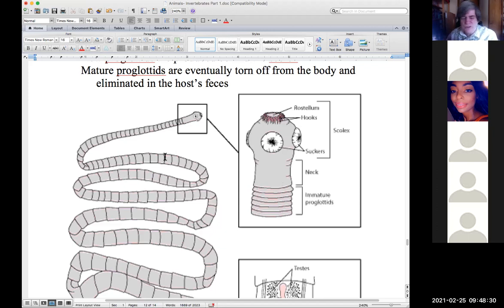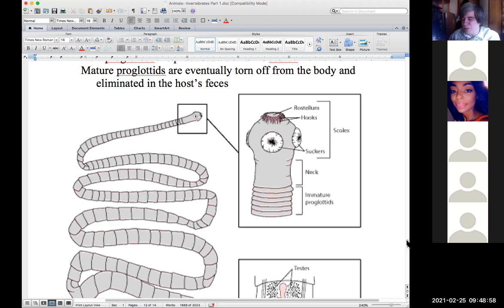And what we see is these proglottids, if we look over here on the left, get progressively larger as we get further and further away from the scolex. Now, why do they get larger? Because this organism is living in your small intestine and it's absorbing your nutrients. So as it absorbs your nutrients, these proglottids get bigger.